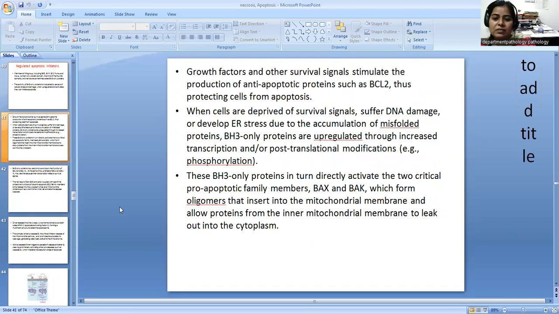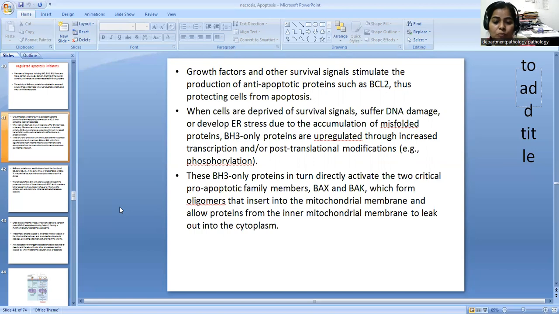Growth factors and other survival signals stimulate the production of anti-apoptotic proteins such as BCL2, thus protecting the cells from apoptosis. When cells are deprived of survival signals, suffer DNA damage, or develop ER stress due to accumulation of misfolded proteins, BH3-only proteins are upregulated through increased transcription and/or post-translational modifications, for example phosphorylation.